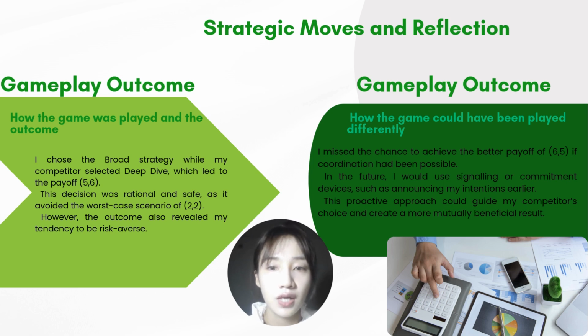In the future, I would use signaling or commitment devices, such as announcing my strategy earlier, to get differentiation and achieve a more mutually beneficial result. Reflecting on this, I realized my approach ensures safety but misses potential, so next time I would act more proactively to influence the outcome.